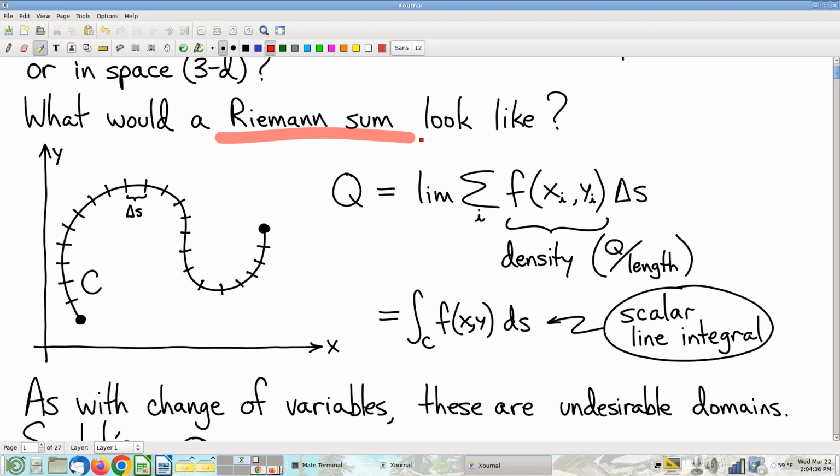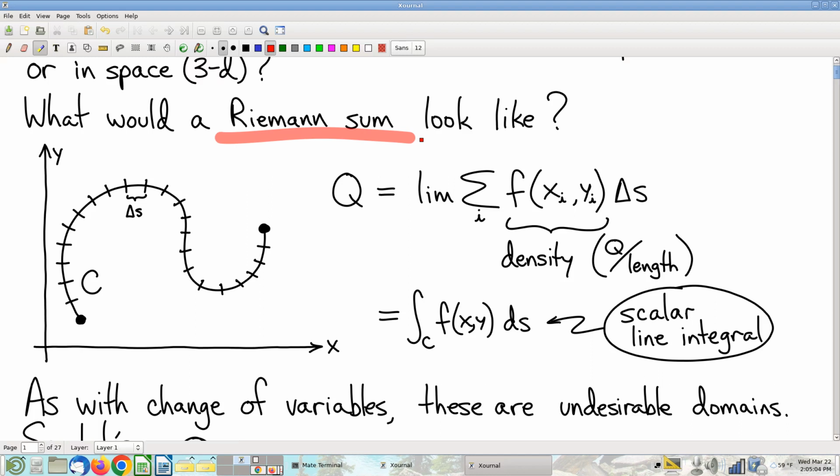Maybe this is a river, and there are fish in the river, but the population of fish is greater up here in this vicinity, and it's lower in this general vicinity for environmental reasons, whatever. And I want to compute the total number of fish. Well, I could compute the total number of fish in each little piece along the way, and add it all up.